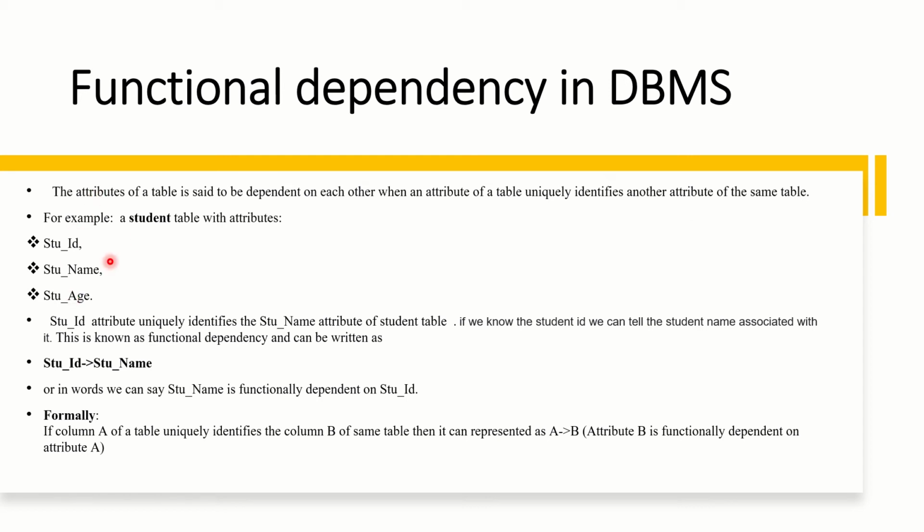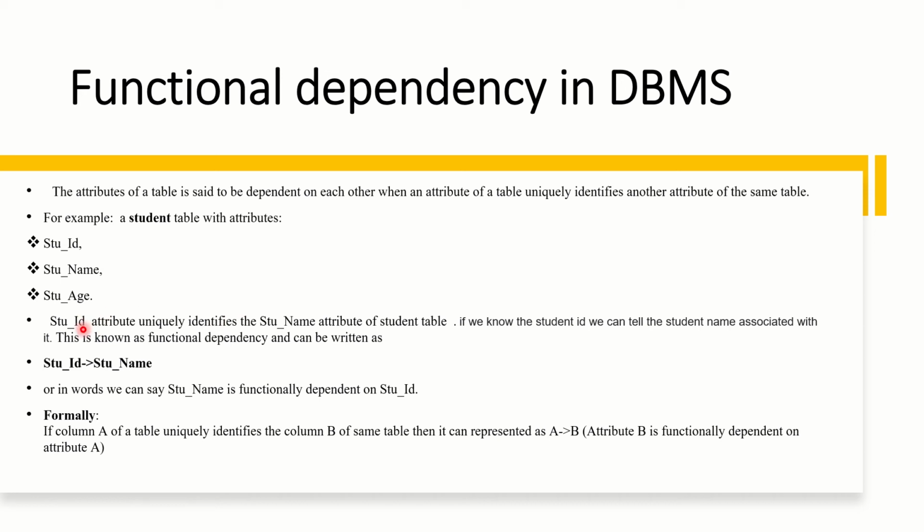For example, suppose we have a student table which contains three attributes. First one is student ID, second one is student name, and third one is student age. If you know the student ID, we can uniquely identify the name of the student. For example, if you are taking our class, roll number 1 is Ajmal, roll number 2 is Anjana, like that.